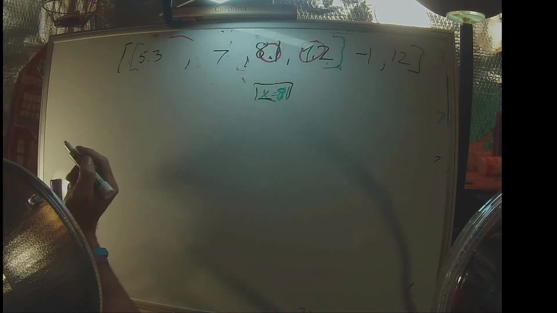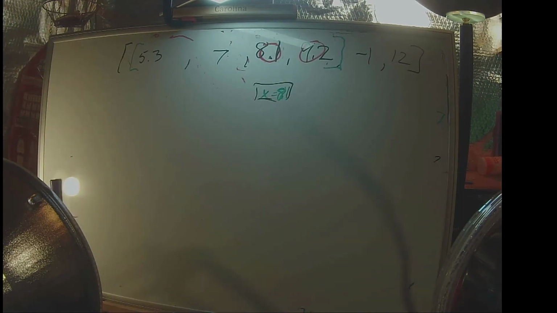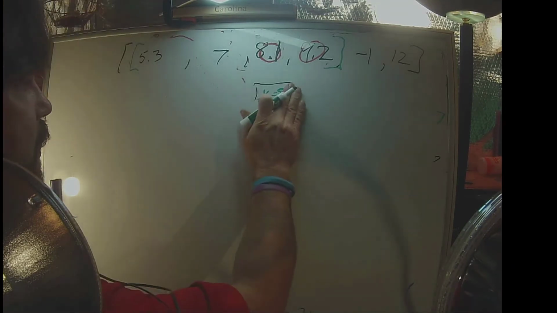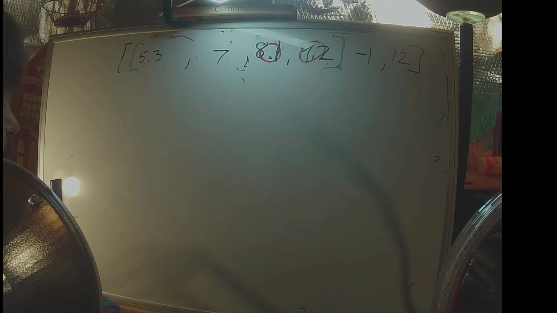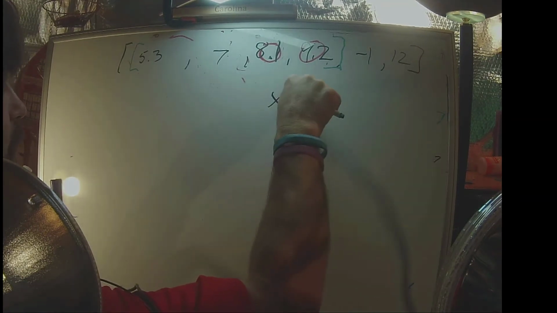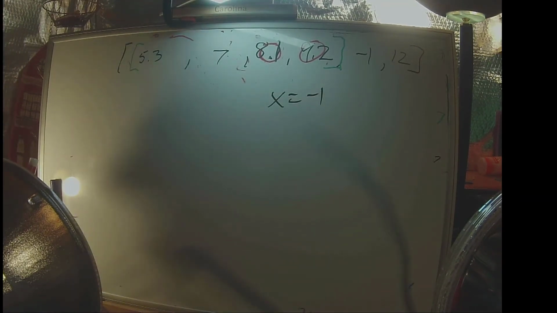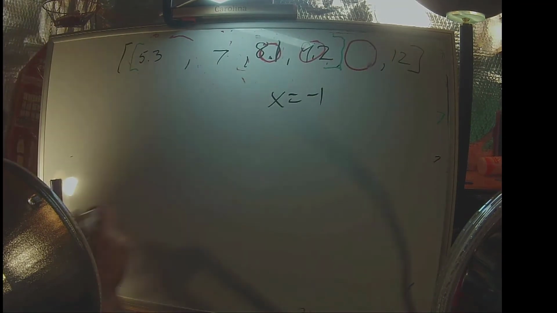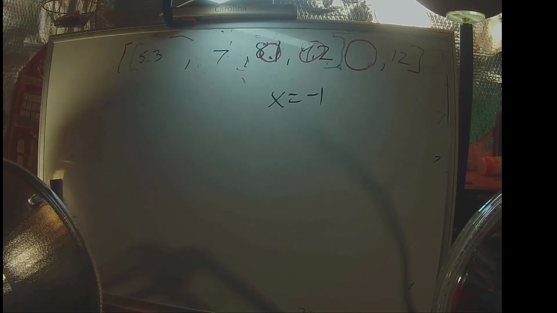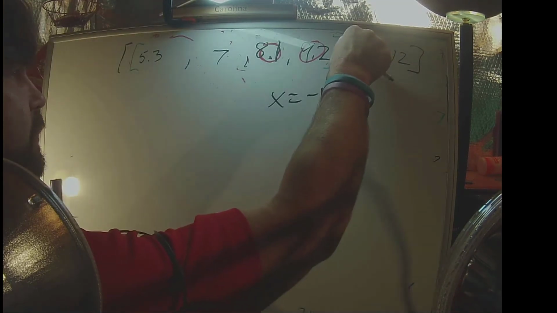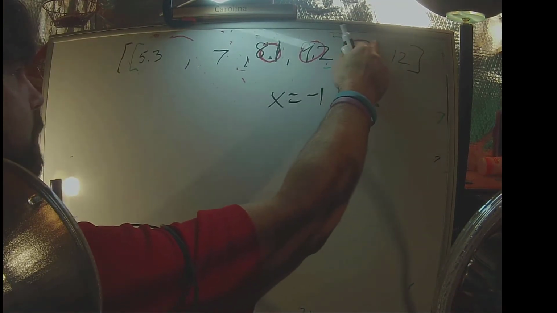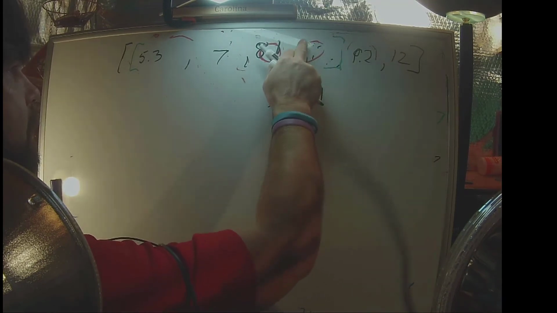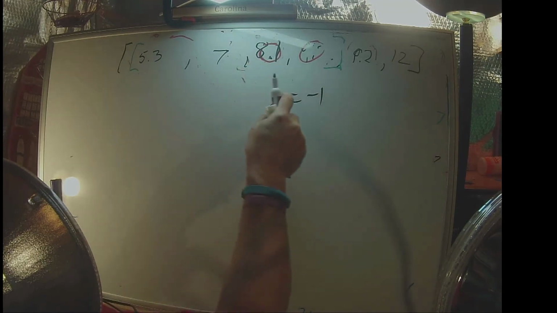Let's take -1. So let's just do -1 and we'll see what happens. We back up our -1 into here. x equals -1. We put a hole where -1 used to be. Is -1 less than 9.2? Yes, so we move 9.2 here, and we move our hole down 1. Is -1 less than 8.1?